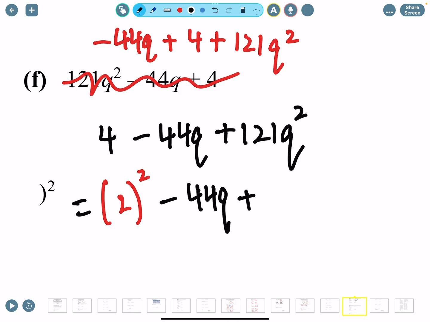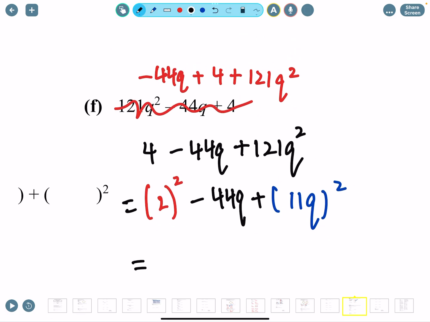And the last one is going to be 11 squared, right? (11q) squared. So you want the squares to be at the front and at the back of this identity. It's okay to mix it up, like you can write this in the middle, but it's going to be confusing for you guys. So I'm scared that you will get confused. So we just write (2 minus 11q), and this one is with a square.